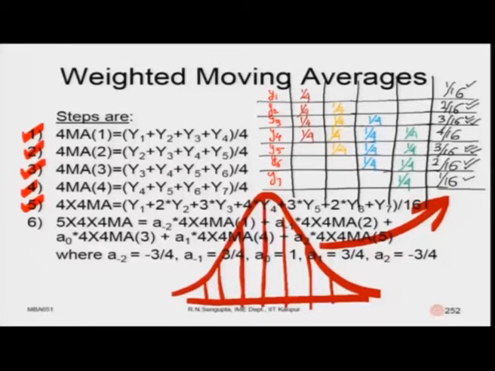In 5 cross 4 cross 2, you will be doing it at the next stage in order to bring more normality as the weights are more spread out, and the sum of the weights is equal to 1, obviously that will be true. And you can do the calculations accordingly, put negative weights, positive weights such that the overall sum is 1 and the weights would be symmetric, mimicking the normal distribution.